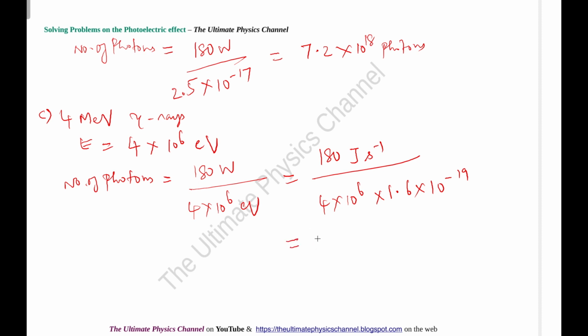If you do the math here, you would get 2.8 times 10 power 14 photons per second. That is the number of photons that this radiation source emits. Let's move on to the next one.